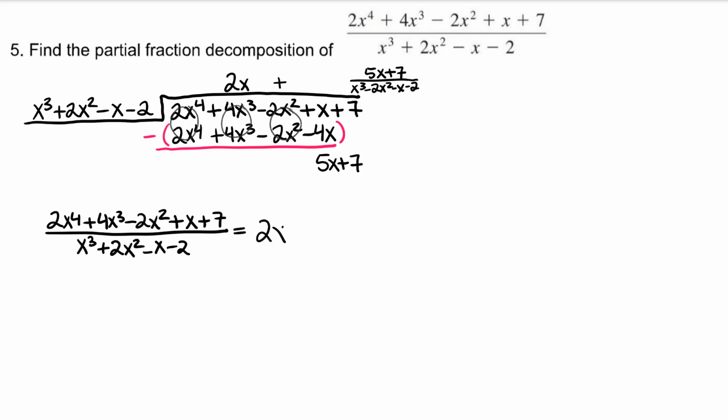After long dividing, our fraction is equal to 2x plus our remainder of 5x plus 7 over our divisor x cubed plus 2x squared minus x minus 2. Now we can decompose this fraction.